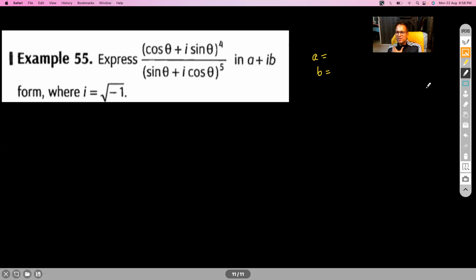Correct. The denominator is an imposter form, right? So be aware.